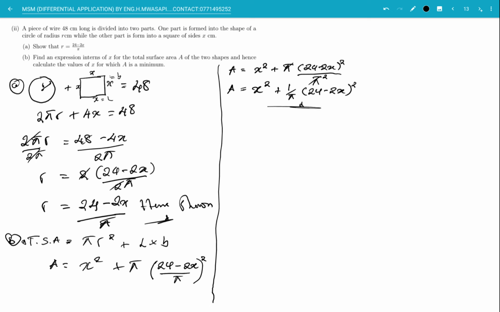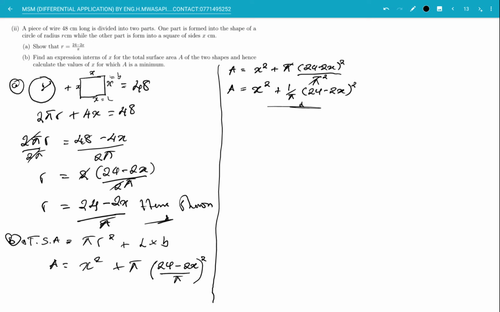Okay, now we're remaining with the last part of this question, which is asking us to calculate the value of x for which A is supposed to be minimum.